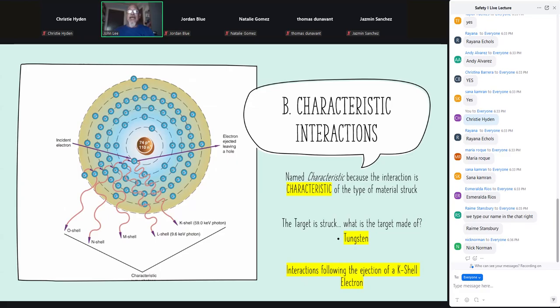Now, characteristic X-rays and characteristic interactions, their energies are dependent on the binding energies of the electrons of the target material. Okay, so since we're using tungsten as our target material, the K shell for tungsten is 69.5.